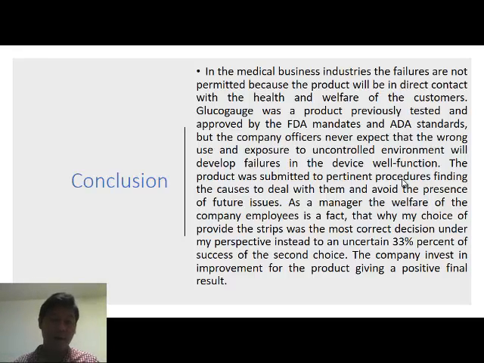As a manager, the welfare of the company's employees is a fact, so it's an important matter to me.